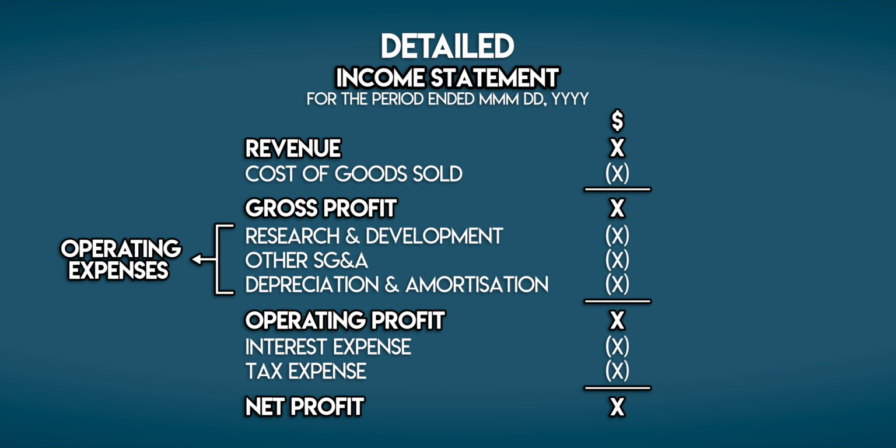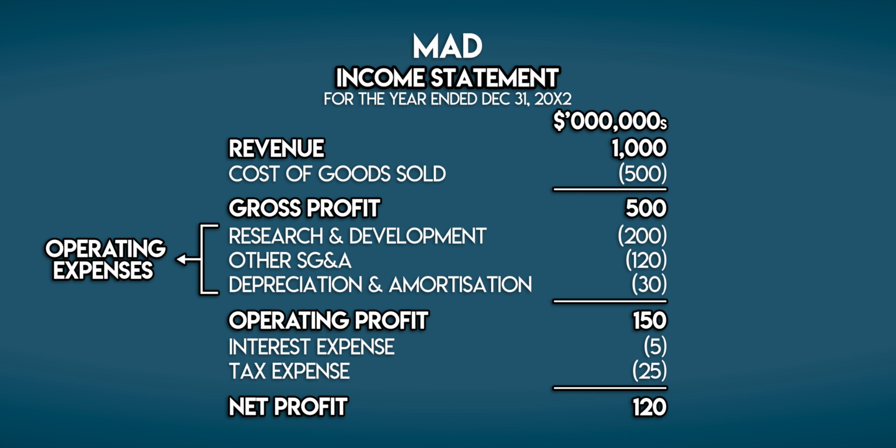Great, so let's do an example. Here's the income statement for a business called MAD, a tech company that makes semiconductor products. It summarizes the revenue they earned and the expenses they incurred over a 1-year period. But what is MAD's operating profit margin?